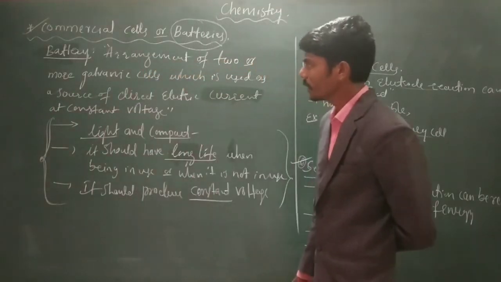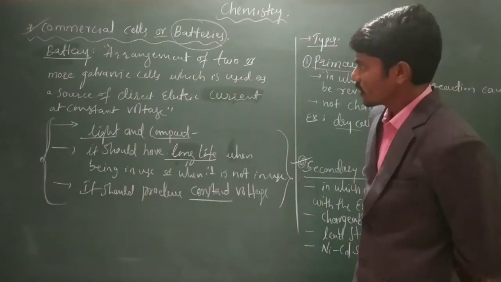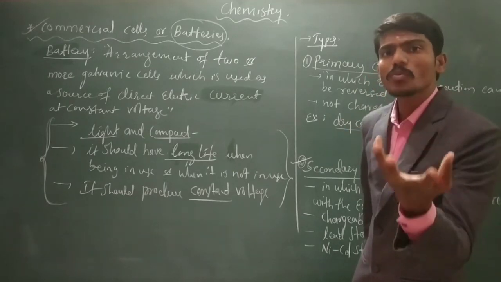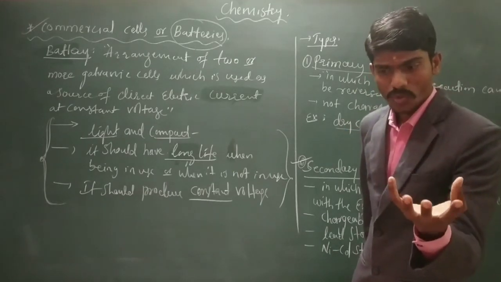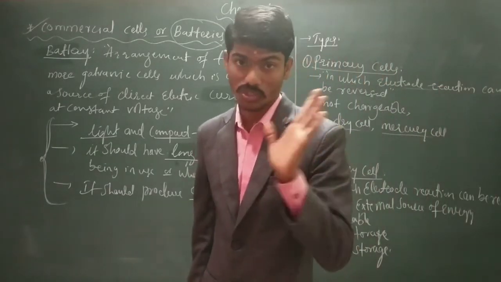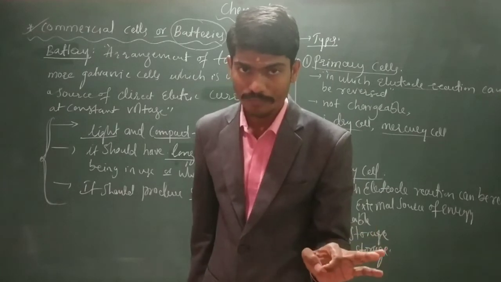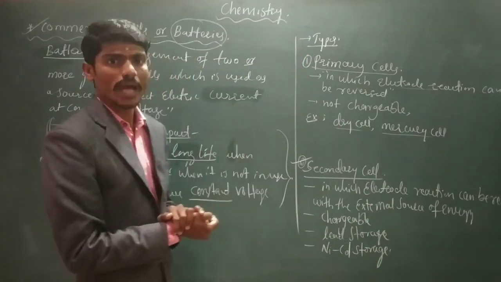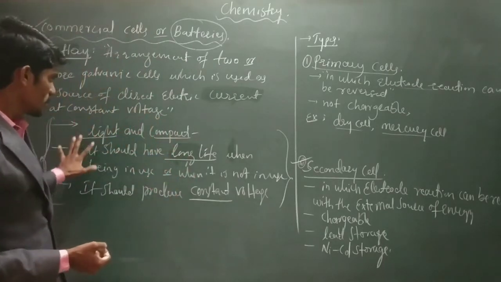Look here, commercial cells, batteries means what? It's an arrangement of two or more galvanic cells which is used as a source of direct electric current at constant voltage. This is the definition of a battery. And a useful battery must satisfy these requirements.